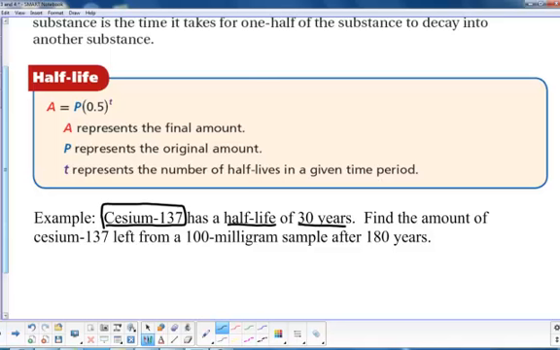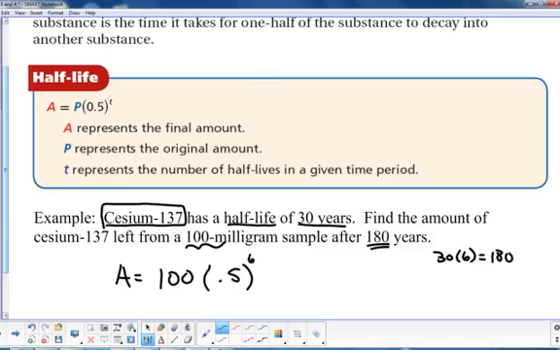So we start with 100 milligrams. The amount is our initial amount times our constant multiple, which is a half, and it halves every 30 years. If I want to know how many halves I have in 180 years, 30 times 6 is 180, so I would be putting a 6 up there.